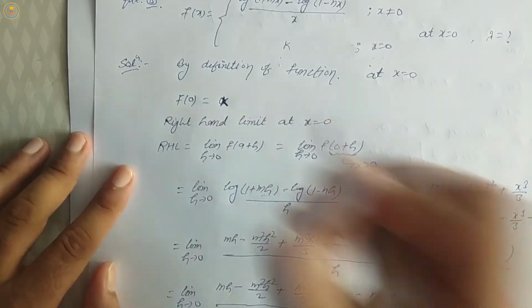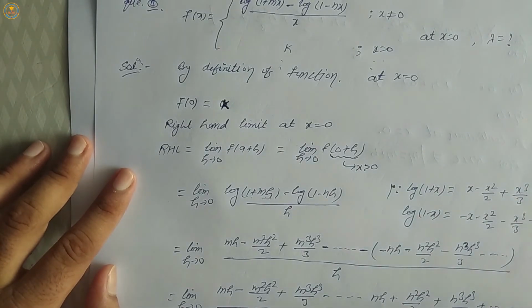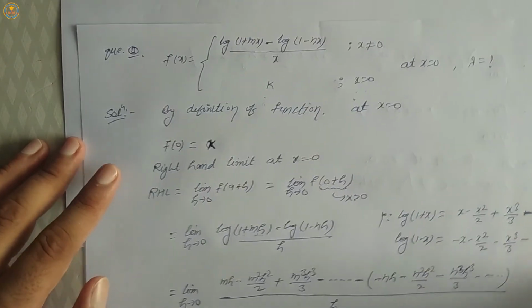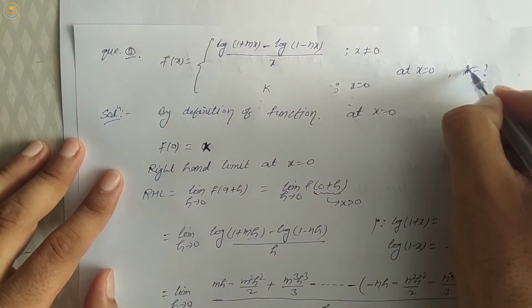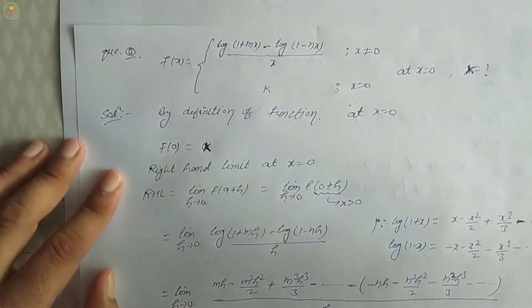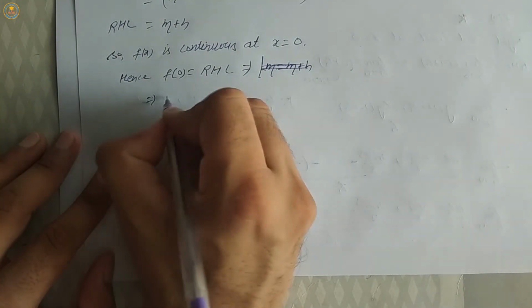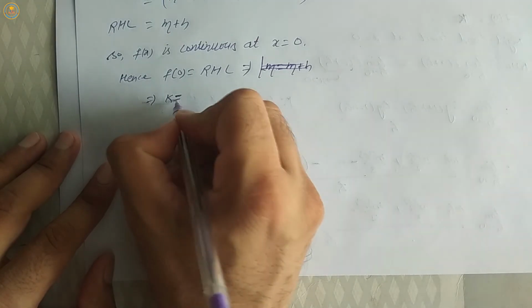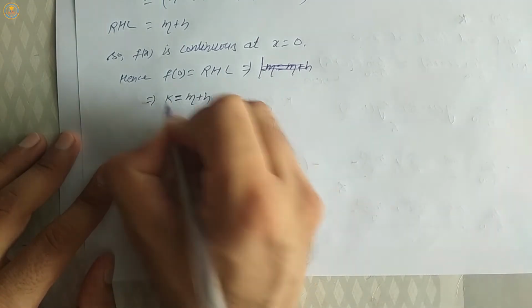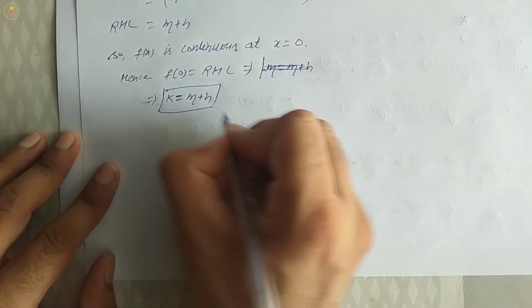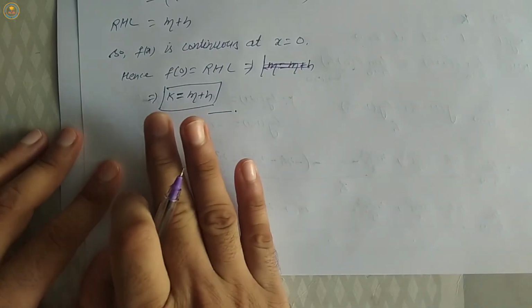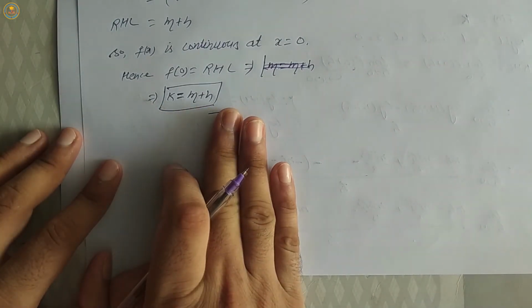This implies k is equal to m plus n. Okay, the value of k is equal to m plus n.